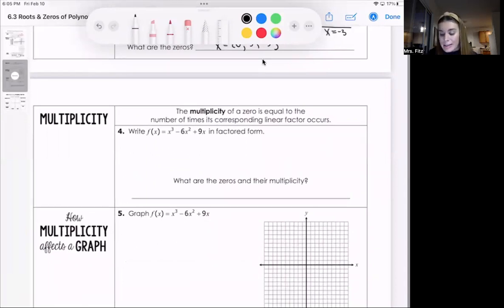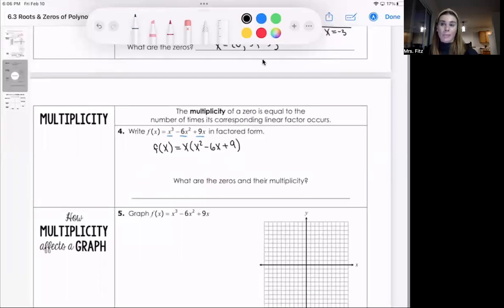So let's take a look at this example. We're going to go ahead and factor it. Once again, we always want to look for a GCF. So I see x cubed, -6x squared, and 9x all have a factor of x. So let's go ahead and pull that out first. F of x equals x times x squared minus 6x plus 9. Well, from here, we're going to go ahead and factor x squared minus 6x plus 9.